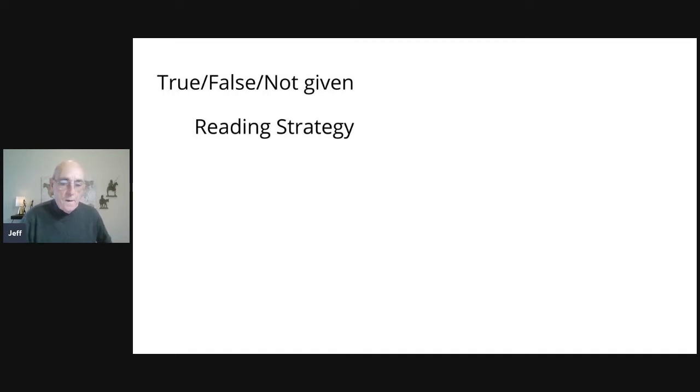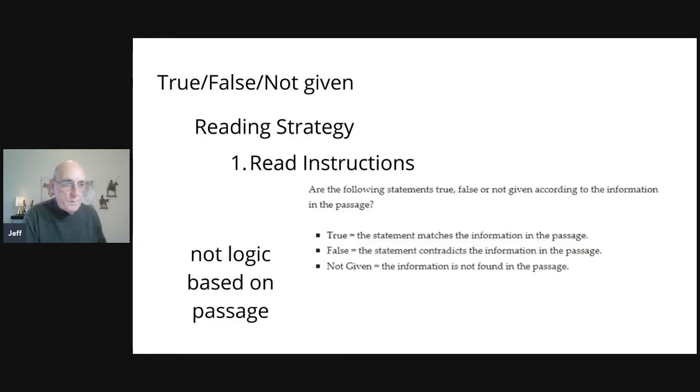We're talking about the strategy for this type of reading question. Whenever we begin a question of any type on the IELTS exam, the most important thing to do is to read the instructions and make sure we're aware of exactly what our task is.